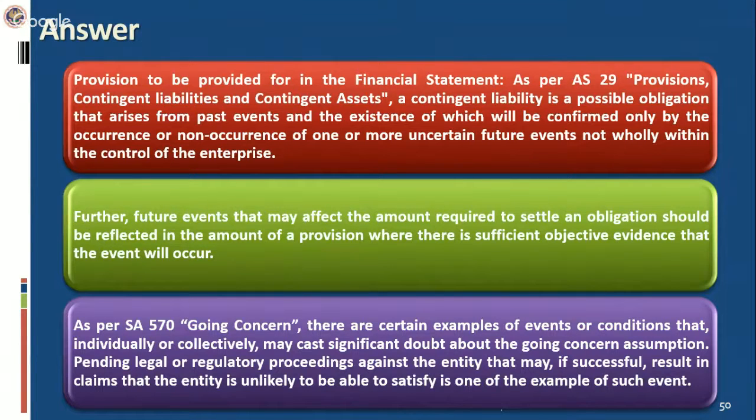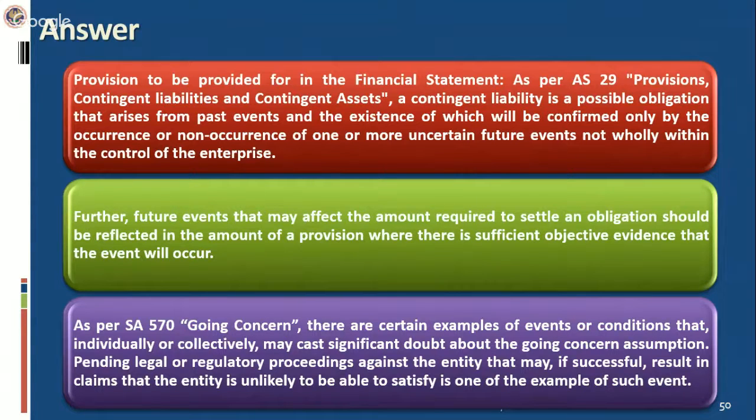The future events that may affect the amount required to settle an obligation should be reflected in the amount of a provision where there is sufficient objective evidence that the event will occur. Further, as per SA 570 Going Concern, there are certain examples of events or conditions which individually or collectively may cast significant doubt about the going concern assumption.